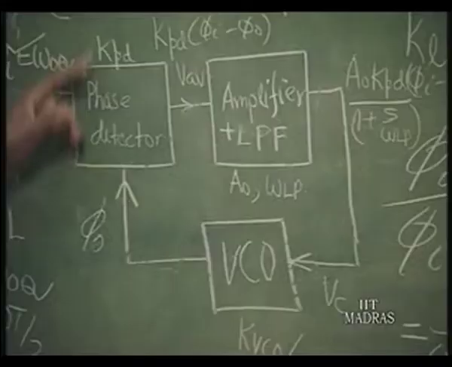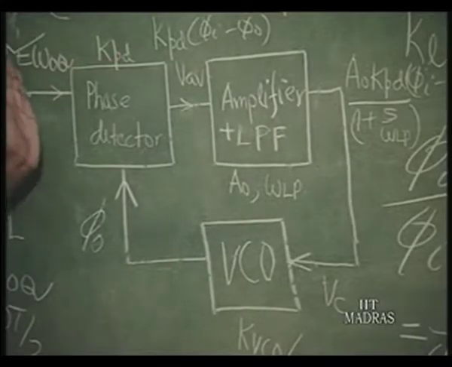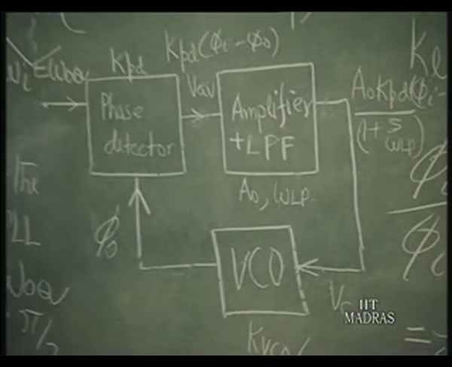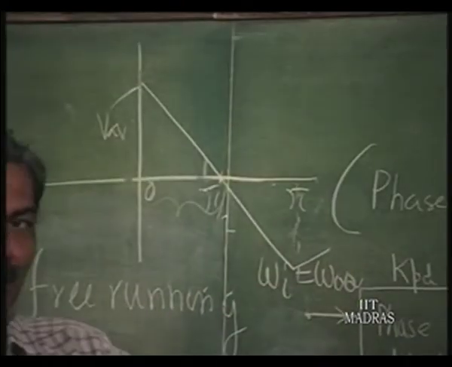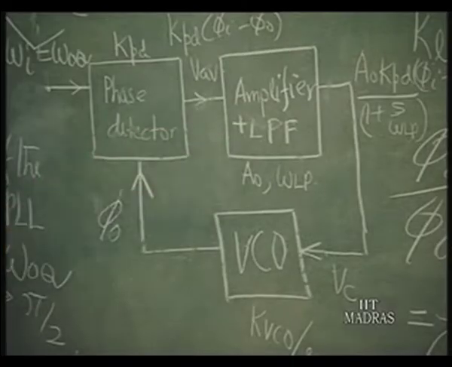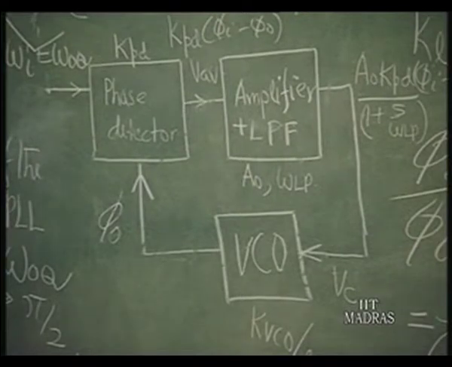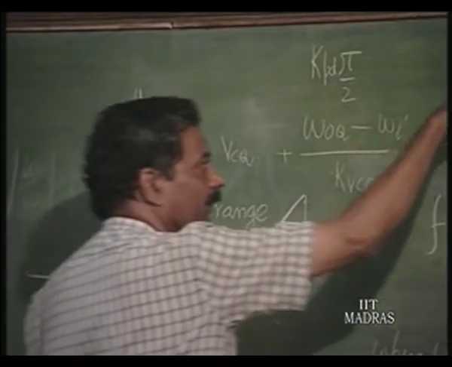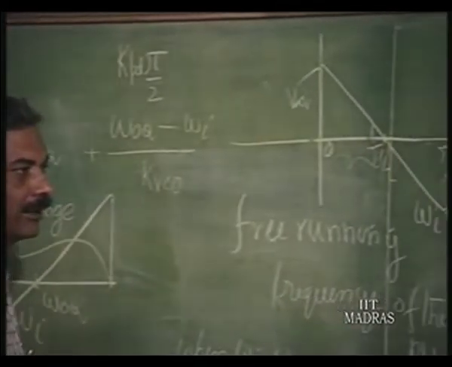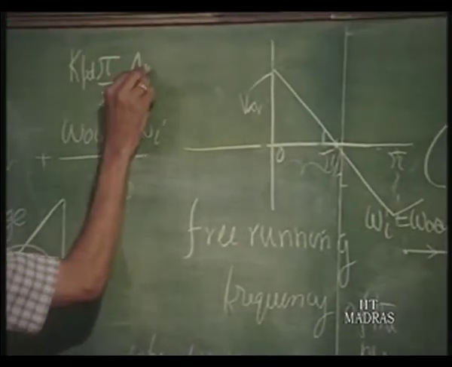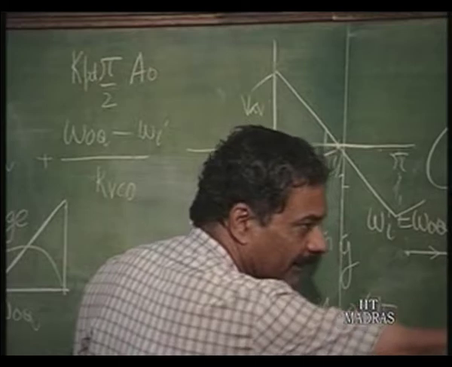If this sensitivity is Kpd and it is linear, then the maximum voltage that is given by the phase detector corresponds to Kpd into pi by 2. That is the maximum voltage. That into A naught is the maximum voltage that it can have here.